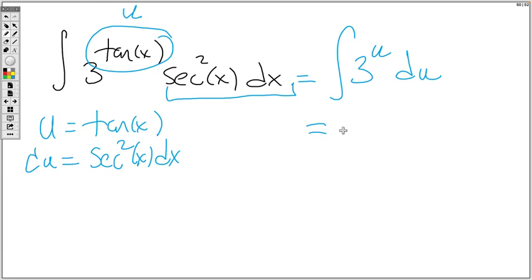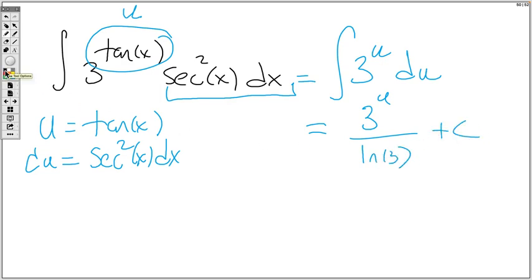And we know when we take derivatives of exponentials other than e, you get that exponential back, but you have to multiply by the natural log of the base. So when you integrate you're going to get that exponential back. But instead of multiplying by the natural log of the base, you have to do what? Divide by the natural log of the base.